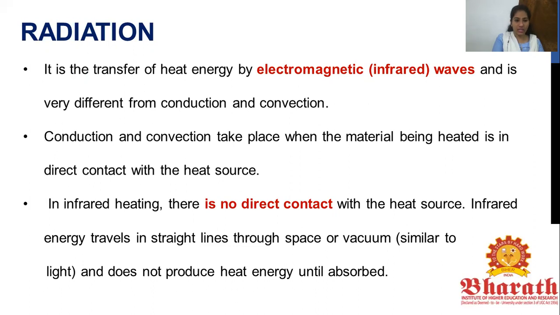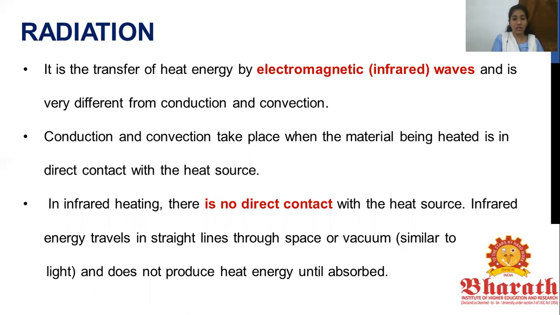Then talking about radiation. Radiation is the transfer of heat energy by electromagnetic infrared rays, and it's very different compared to conduction and convection. Conduction and convection take place when the material being heated is in direct contact, so these two require direct contact, whereas radiation doesn't actually require a medium, though the nearby air itself can act as one. With infrared heating, there is no direct contact with the heat source.